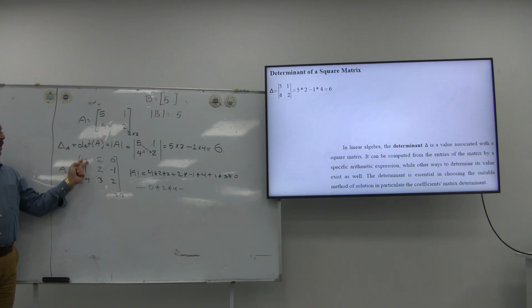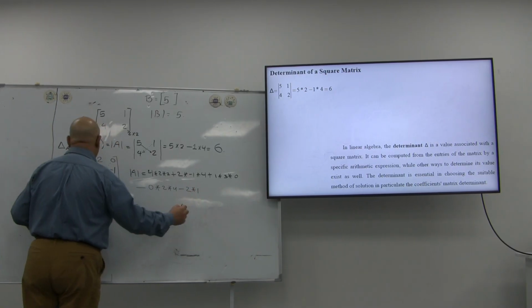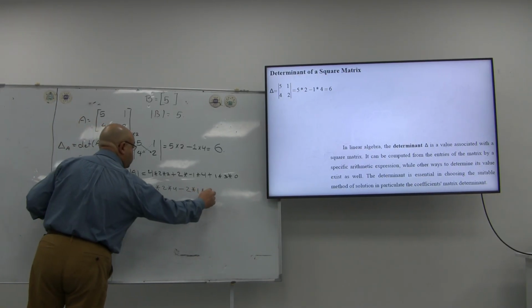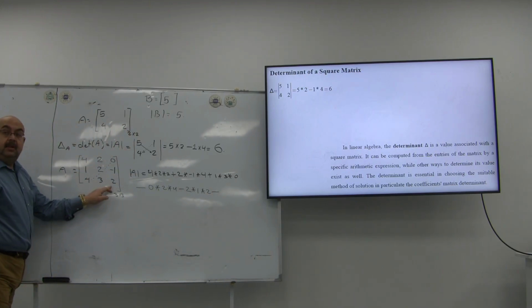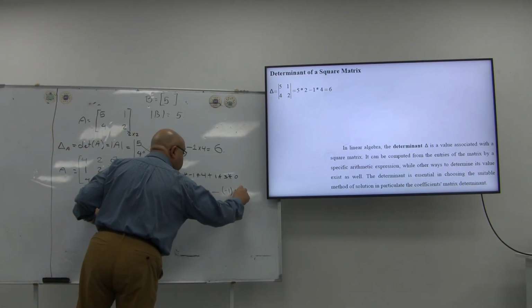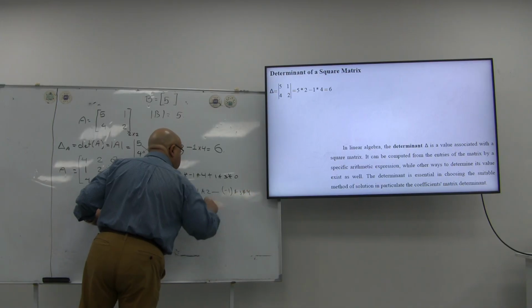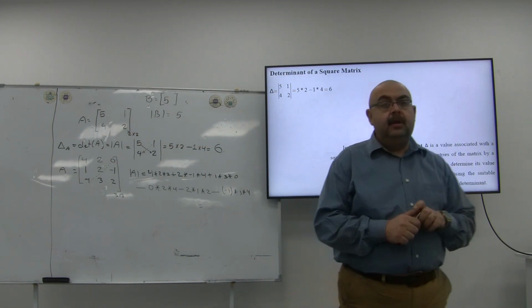You have an upper triangle and a lower triangle. I will use the base of the upper triangle and the head of the lower one, and so on. So it's going to be 2 times 1 times 2, then minus negative 1 times 3 times 4. Voila, the value of your determinant is already here.